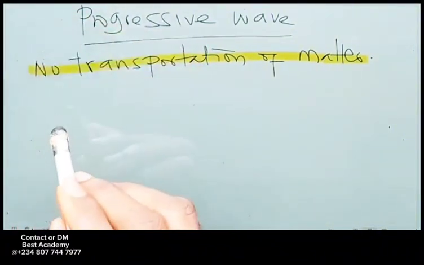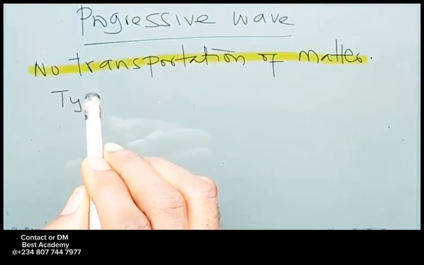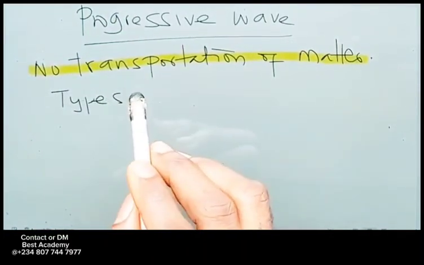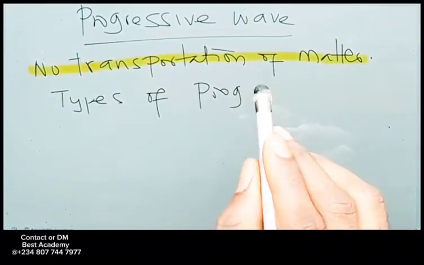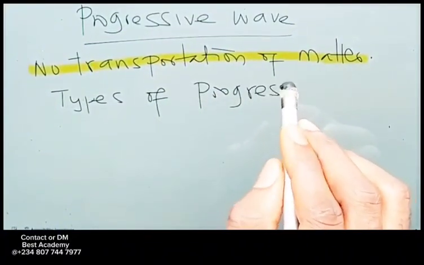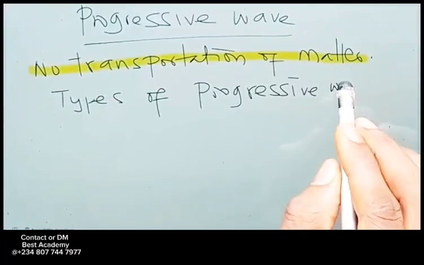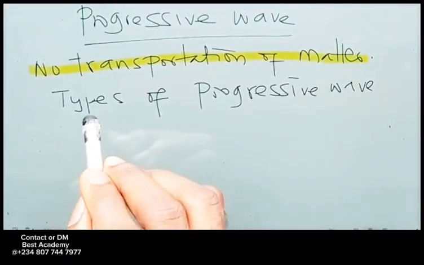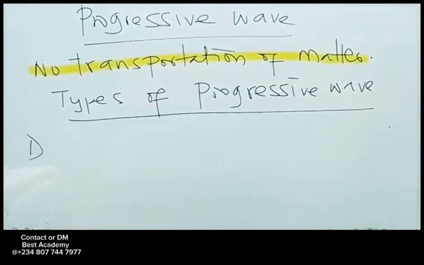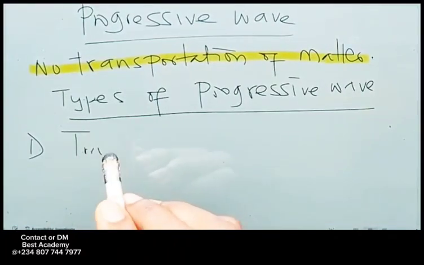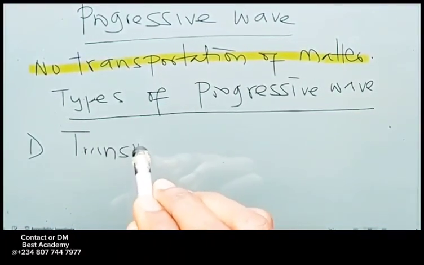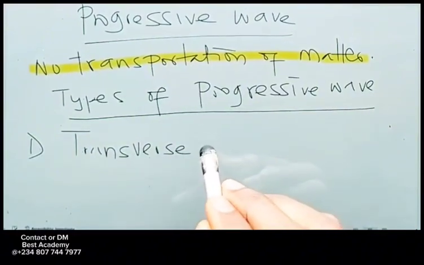We have two major types of progressive wave, and we are going to get their definitions. The first one is the transverse wave.